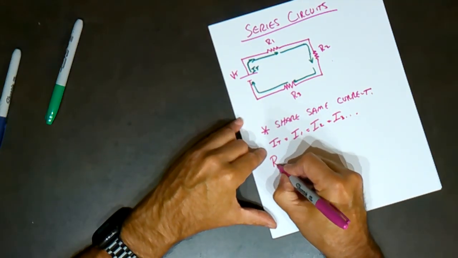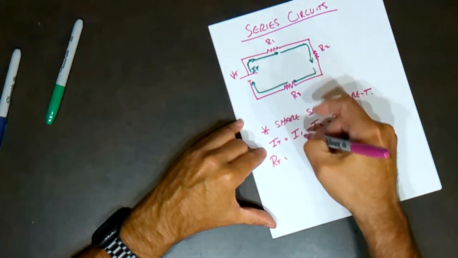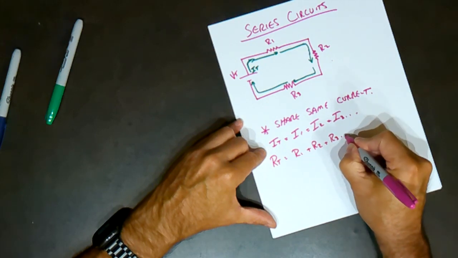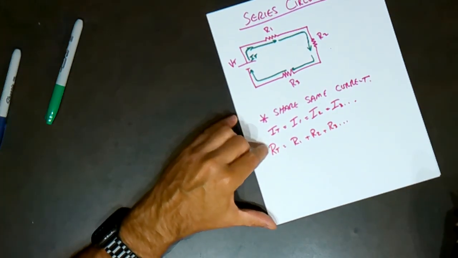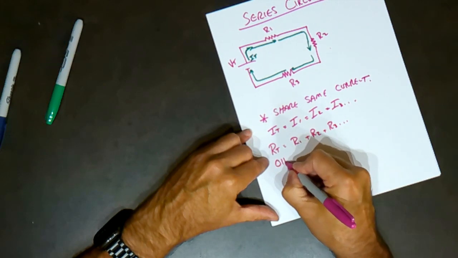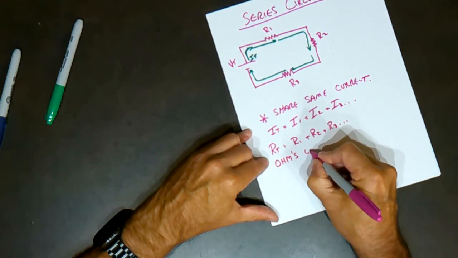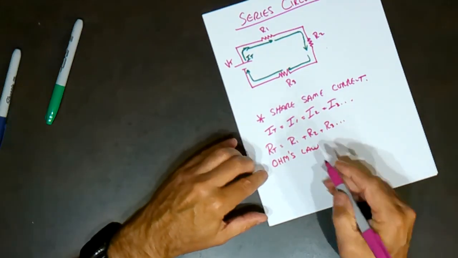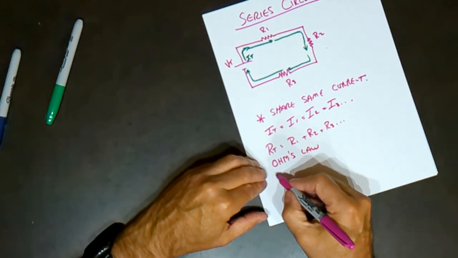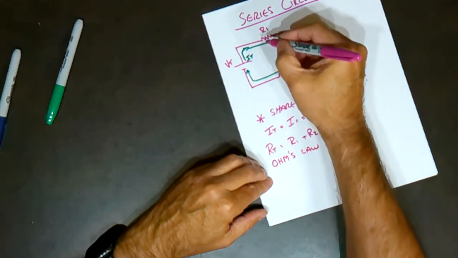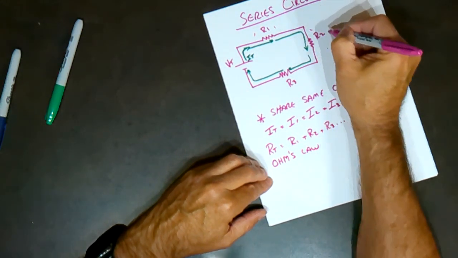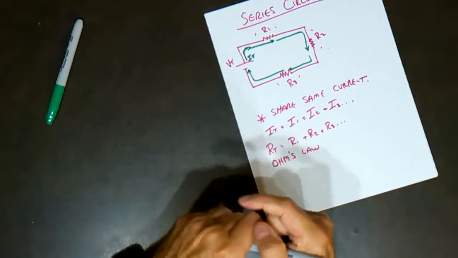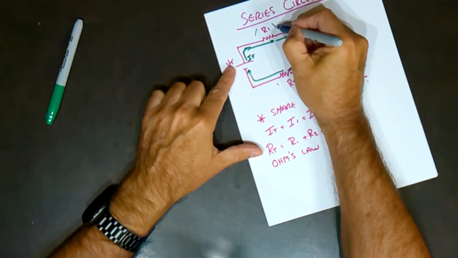We looked at finding total resistance in a series circuit: R1 plus R2 plus R3, etc. We know that Ohm's law works. We also know that each resistor drops a bit of voltage as the current goes through, according to Ohm's law.